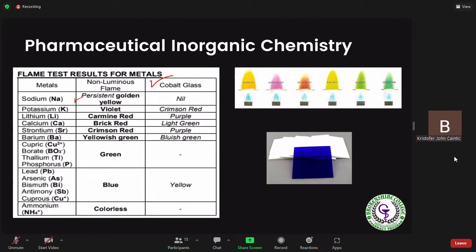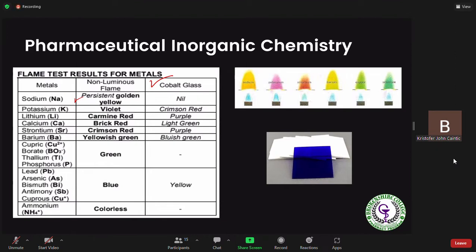Cobalt glass turns blue very easily without too much work put in it. It is used in the flame test to filter out the yellow flame, the presence of sodium. So again, it serves as a confirmatory test.